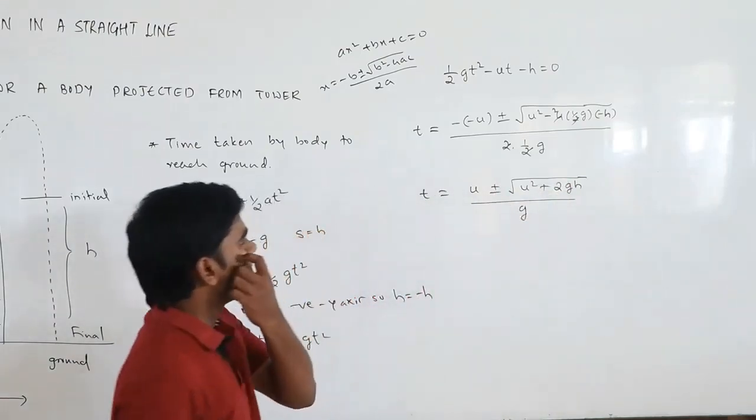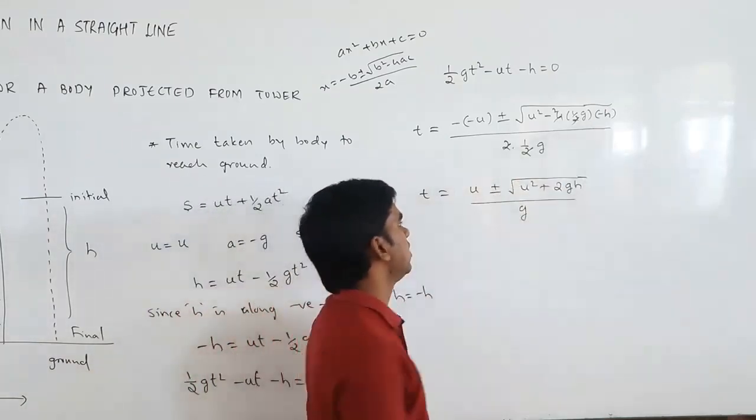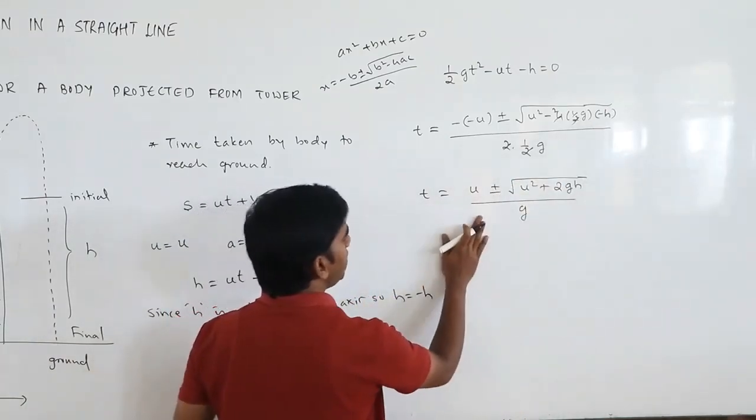Divided by g. Sorry, so 2gh divided by g. This is the time.